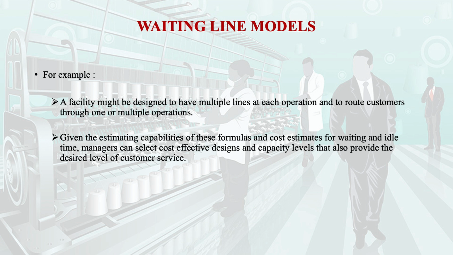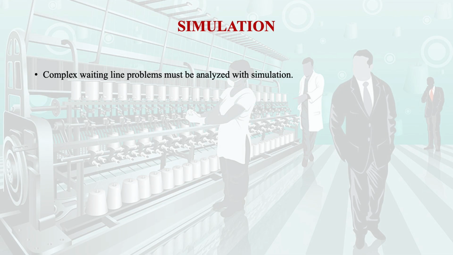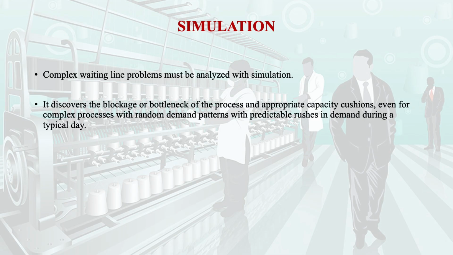Another tool is the simulation tool. Complex waiting line problems must be analyzed with simulation. It discovers the blockage or the bottleneck of the process and appropriate customer cushions, even for complex processes with random demand patterns and predictable rushes in demand during a typical day.